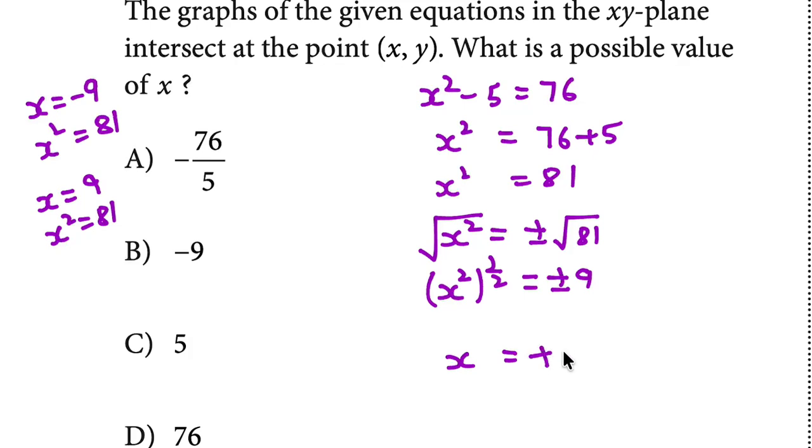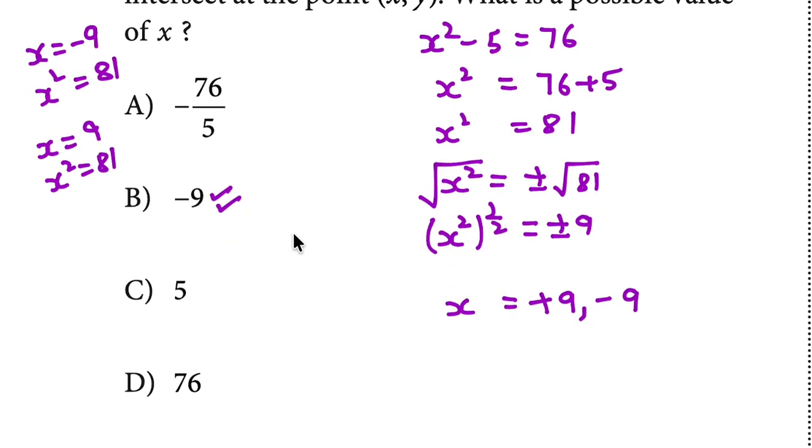It can have both values. Now let's go to the options. What is the possible value for x? It can be negative 9 or positive 9, and because it says possible value, yes, negative 9 is also possible along with positive 9.